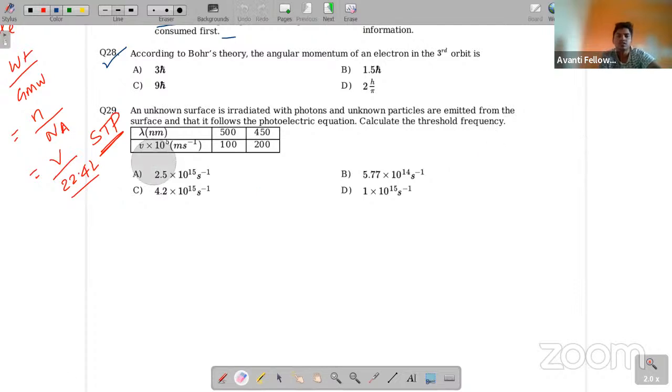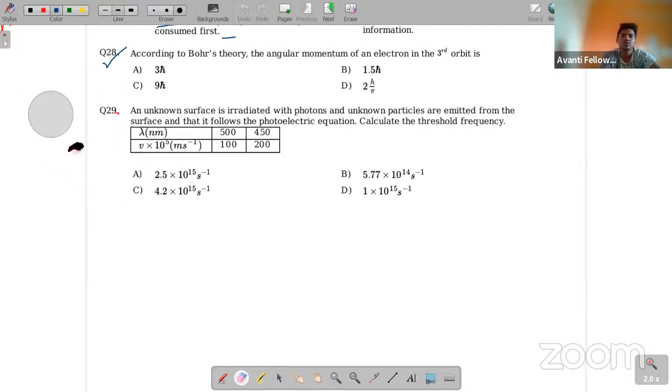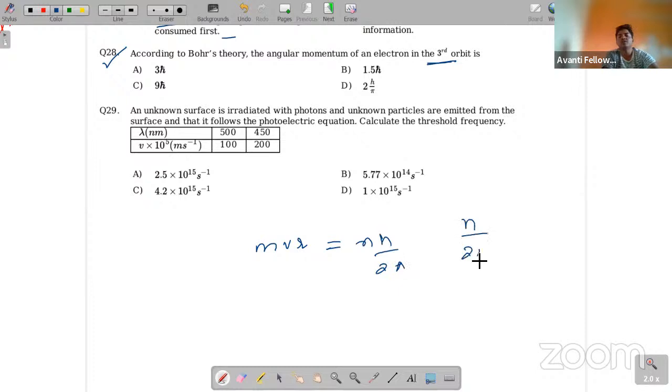So now you can see, according to Bohr's theory, the angular momentum of the electron in the third orbit. A very, very important formula: angular momentum is equal to mvr is equal to nh by 2 pi. And remember, h by 2 pi is called h cross.